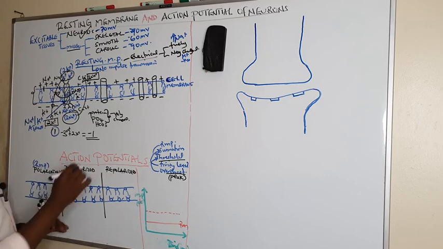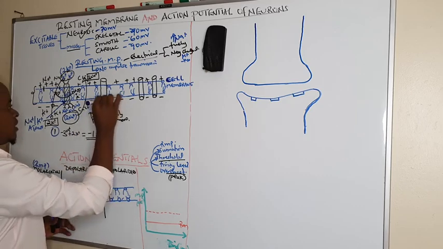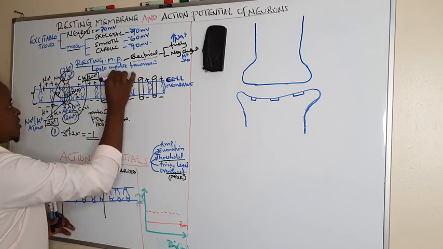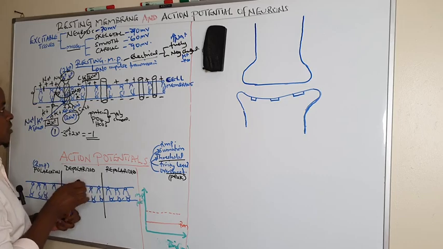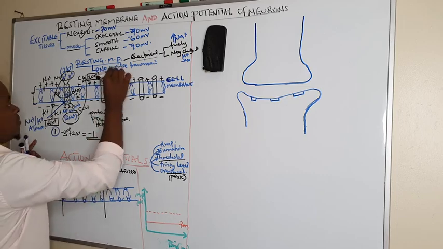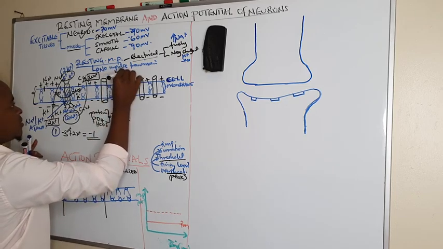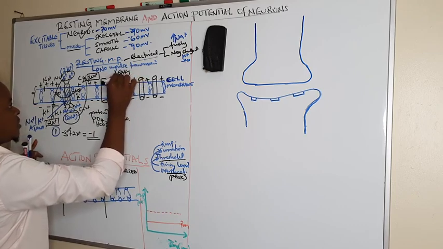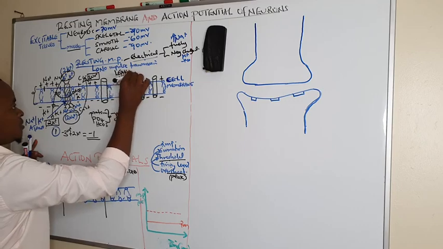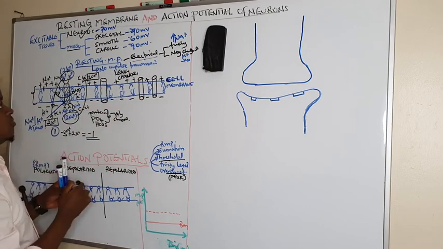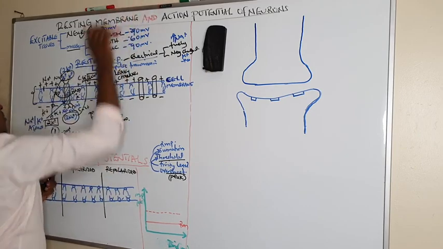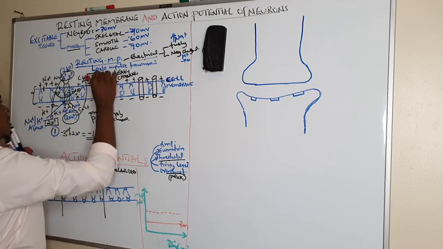Mechanism number 2 is by these leakage channels. We call them leakage ion channels. Among the leakage channels, one of them is the sodium leakage channel.